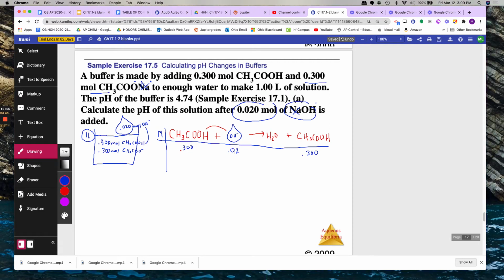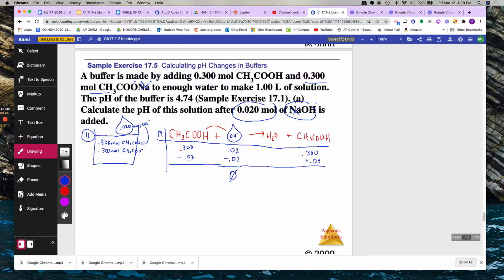All of this is going to be attacked by this, right? So now all your base that you added has reacted with your buffer, and that's what you want, okay? So this will attack that, and you will make more of this.